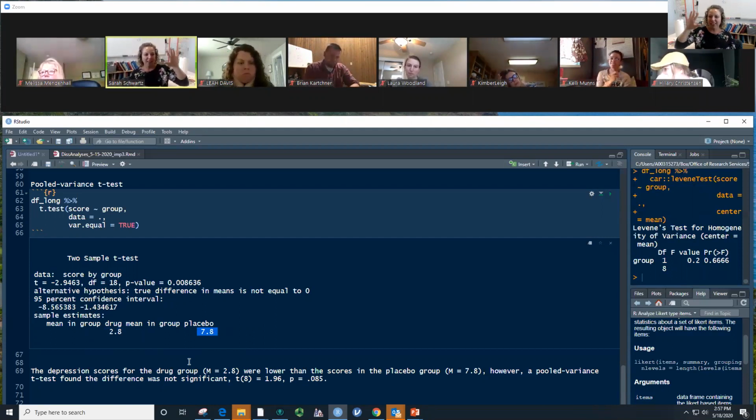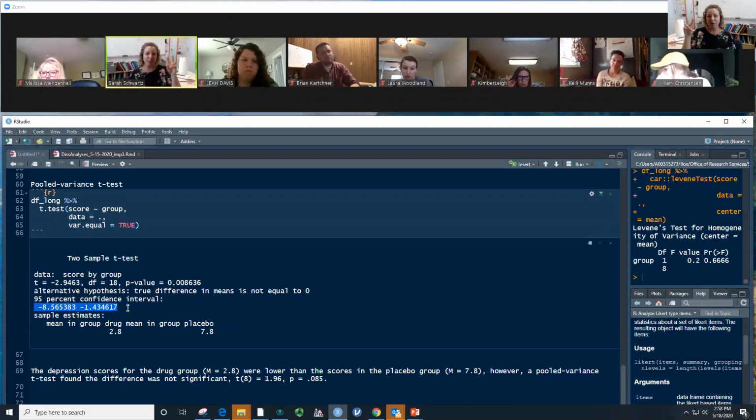But in the populations, is it exactly 5? We're not sure. What's our confidence interval? Well, here it's between 1.5 and 8.5. Now, they're both negative, but we could flip the order of subtraction around and they'd be both positive. So this says that the drug, how much does the drug reduce the depression scores?